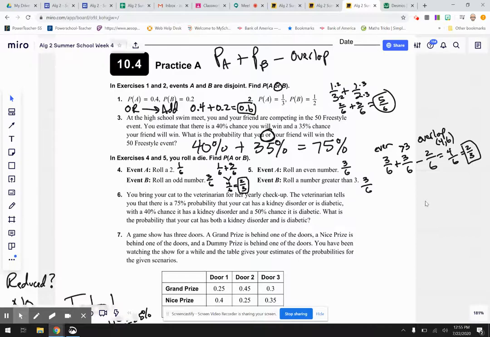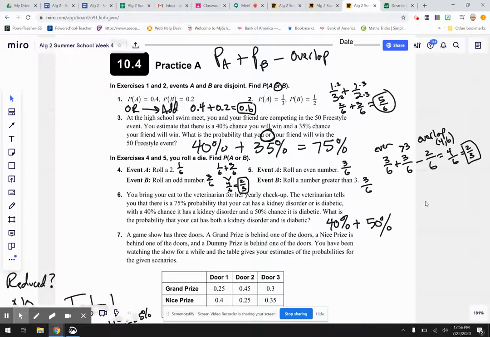Now let's see. You bring your cat to a veterinarian for a yearly checkup. The veterinarian tells you there's a 75% chance that your cat has a kidney disorder or is diabetic. 40% chance kidney, 50% chance diabetic. So 40% plus 50%.